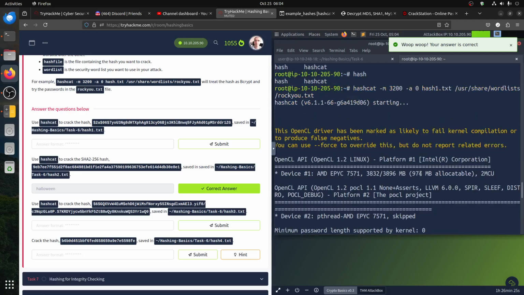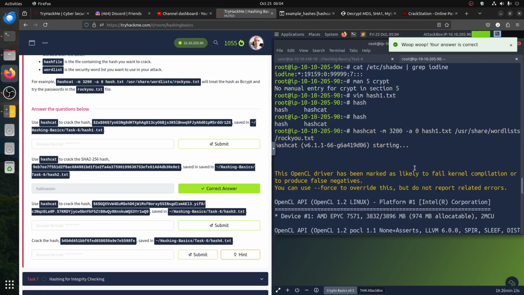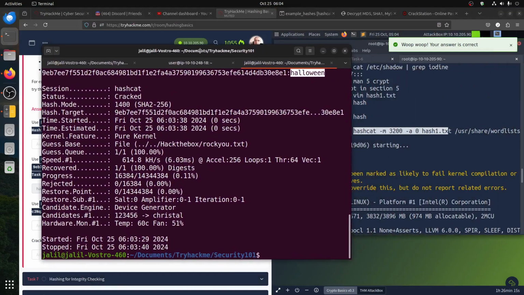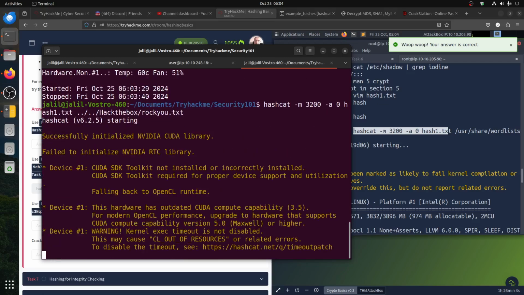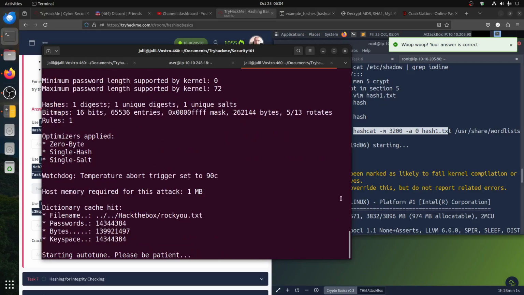Okay, let me do this because I want to wait for it. So -m 3200, the file is hash1. Let's see if we can find this quickly.